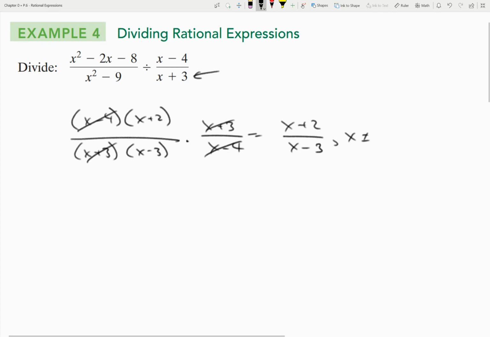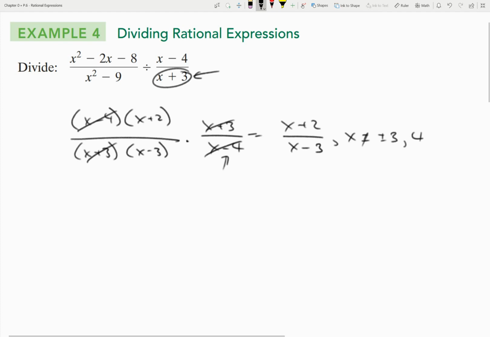including the beginning. So that means x is not equal to positive 3, because that's in the denominator right now, but it's also not equal to negative 3. So x is not equal to positive or negative 3 because of this denominator right here, and also 4, because now we put x minus 4 in the denominator, so x cannot be equal to 4 either, right?